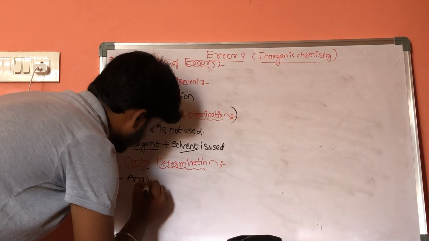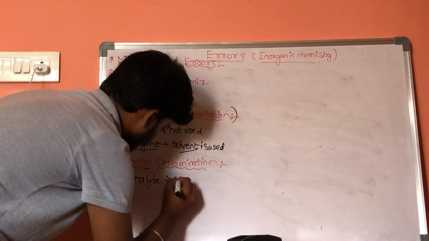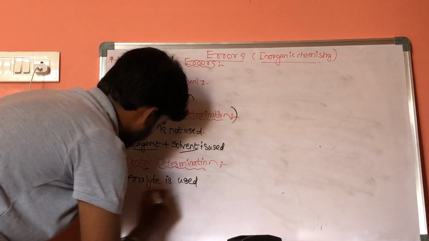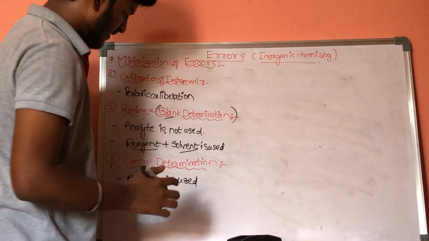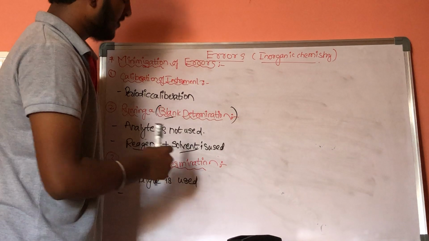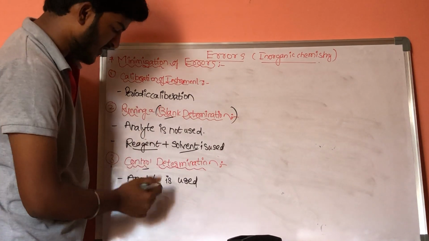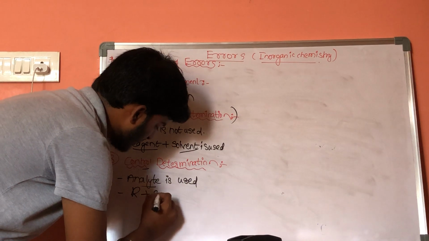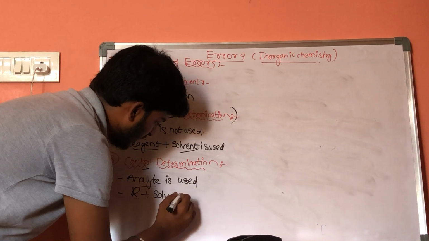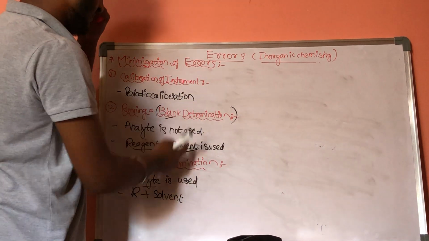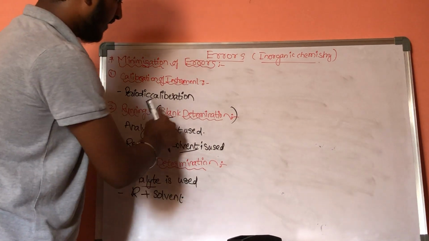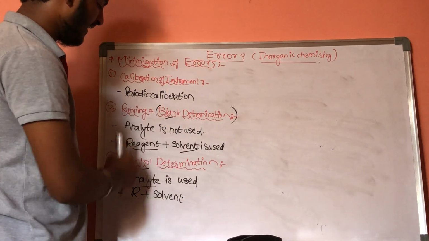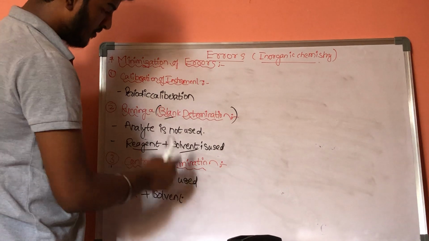Analyte is used, and this control determination is used for determination of errors which are present in analyte and also in reagent as well as solvent. The main difference is, in blank determination there is no use of analyte, and in control determination we use analyte.